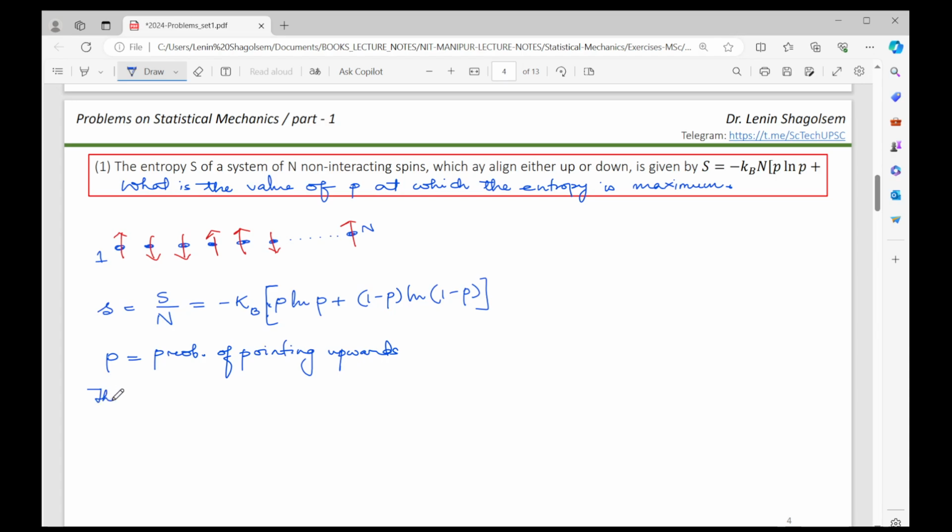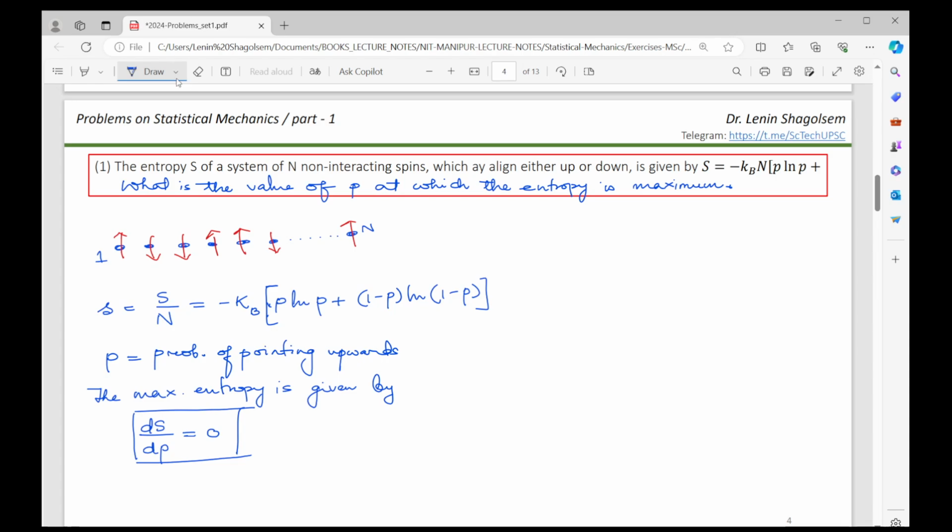The maximum entropy is given by the following: you take the derivative of the entropy with respect to the probability, and this will be 0. This condition will give us the probability at maximum entropy.